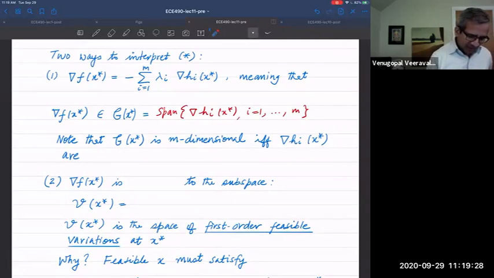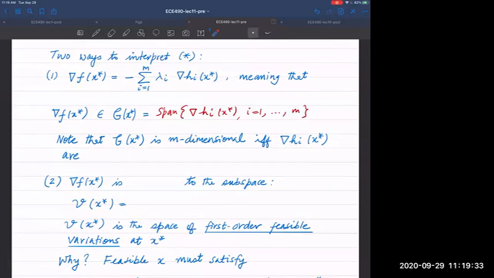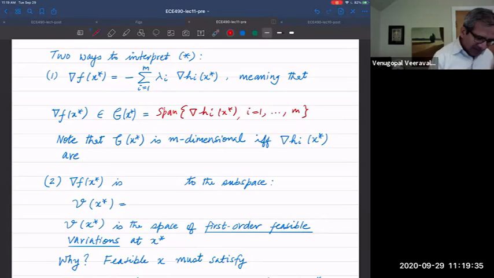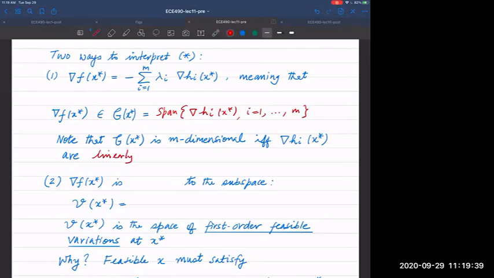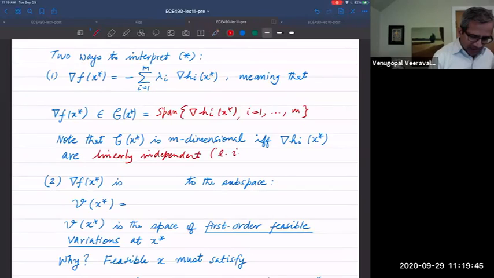What condition should they satisfy? Linearly independent? Yeah, very good. So they have to be linearly independent, or in short, we'll write that as LI.